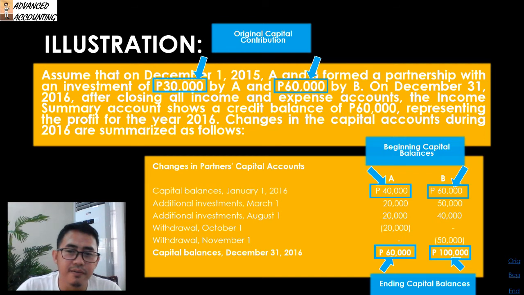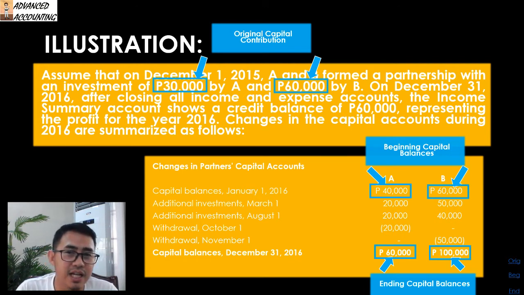So again, we will go back to our illustration a while ago, because you should know these figures, as they are critical to our next computation. When we say original capital contribution, it is the capital contributed by the partner at the time that the partnership is formed.